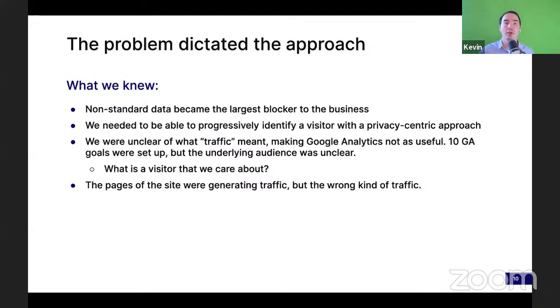So just relying on them to do it for you is dangerous, right? Because it could end up being inflated numbers, or you might think your numbers are worse than they actually are. Either way, we knew we were dealing with some sort of question mark when it came to Google Analytics, even though there were goals set up and all these things. It looked really sophisticated, but no real insight.